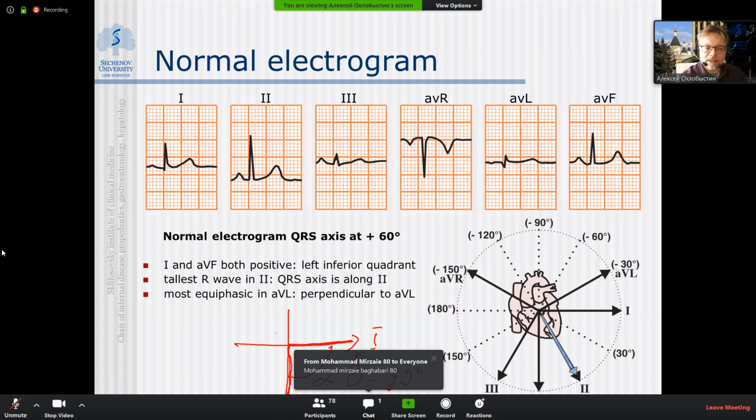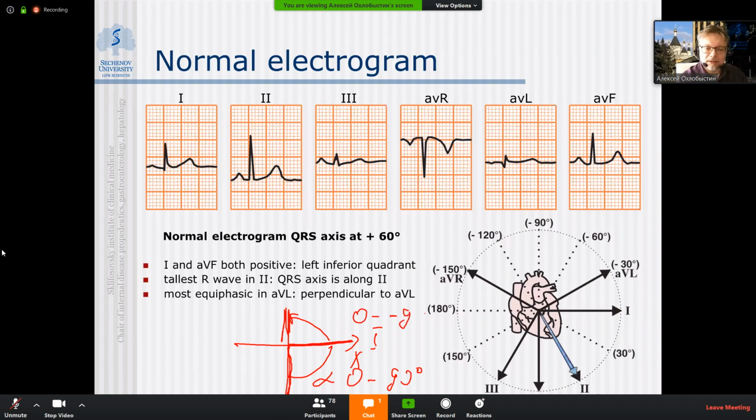If you get angle alpha between the first and the negative portion of AVF, so the dominating deflection in the first standard lead will be positive and in AVF negative, it means that angle alpha is between 0 and minus 90 degrees.